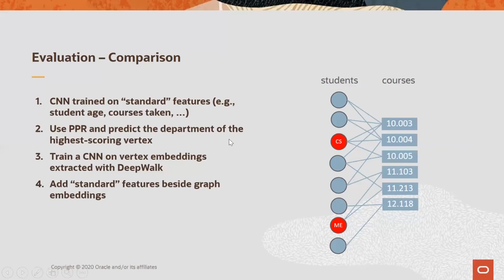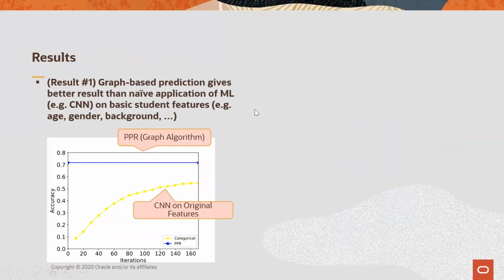Then we took a plain graph analytics based approach where we tried to predict the department using the personalized PageRank algorithm, which I was referring to earlier in the healthcare example, and figure out the highest scoring vertex from that, and then combined all of these features. And the interesting result was, first of all, the convolutional neural network, of course, needed training.